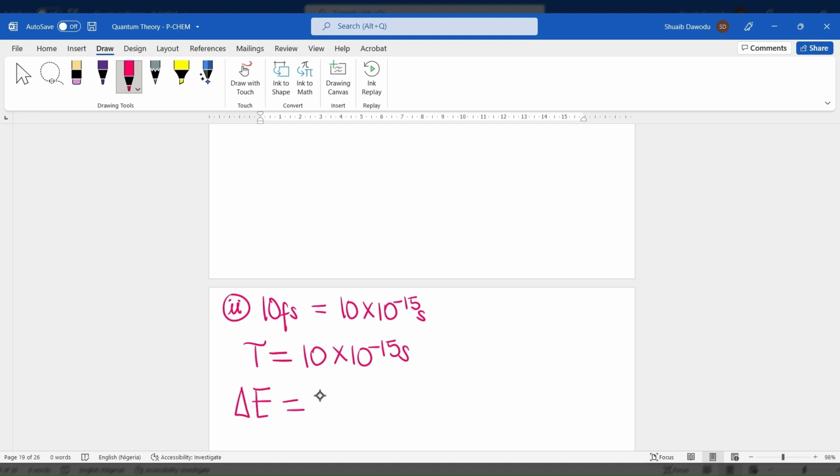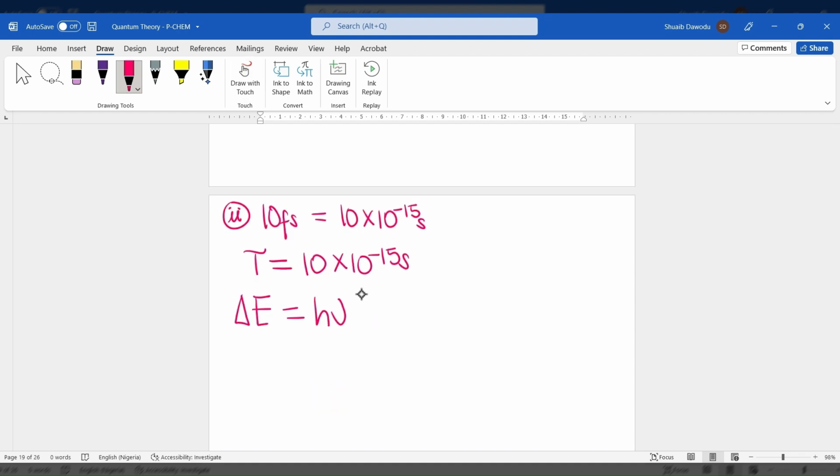So that would be E is equal to h times v, Planck's constant times v, which is the frequency, which we can rewrite as h divided by T, is equal to change in E. So this formula right here is what we're going to be using, just like I had explained earlier.